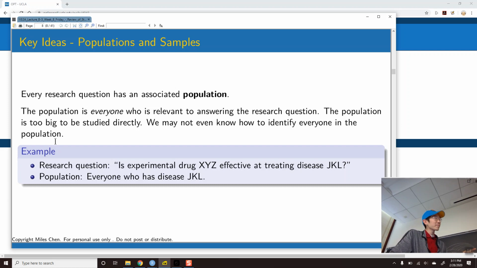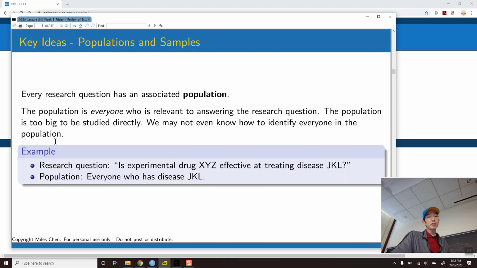All right, let's talk about populations and samples. Every research question has an associated population, okay? The population is everyone who is relevant to answering the research question. The population is too big to be studied directly, all right?